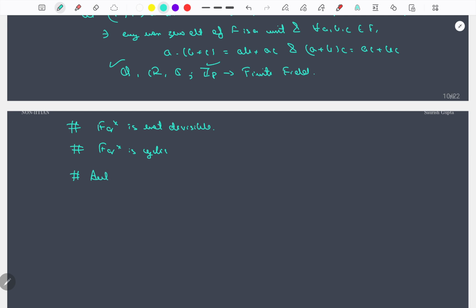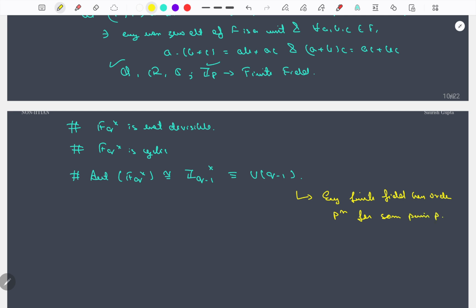Moreover, the automorphism group of Fq cross is actually isomorphic to the group of units of Z(q-1), which in our language we have translated as this. And later in your life we will be able to prove that every finite field has order p to the power n for some prime p. Okay, so the automorphism group of Fq cross is isomorphic to the group of units of Z(q-1).